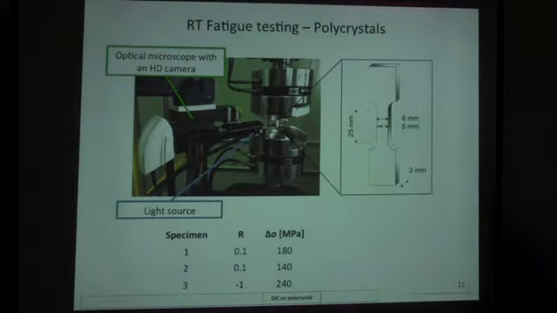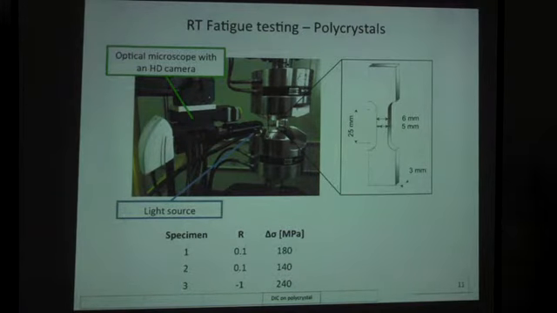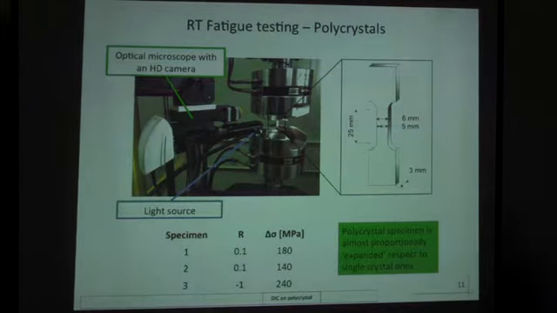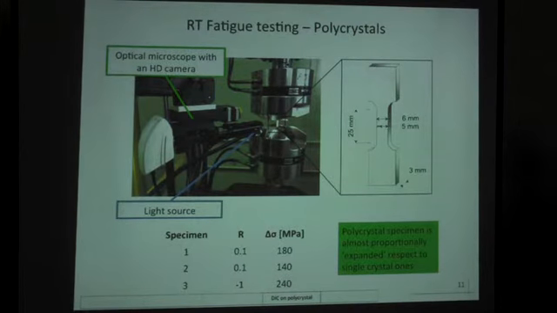So we carried out experiments on polycrystals, on standard specimens taken from polycrystal 230 alloy. The specimens had more or less the same proportion as the specimens that we adopted for the single crystal.